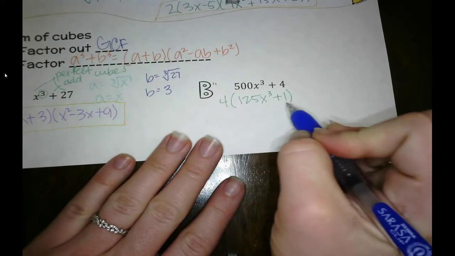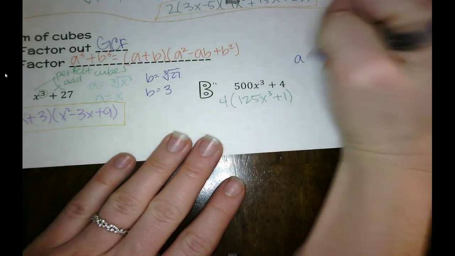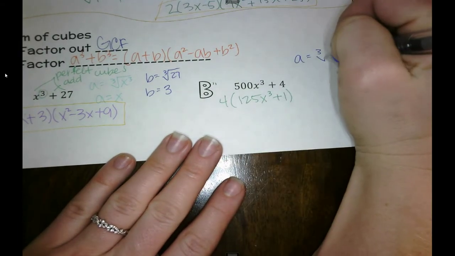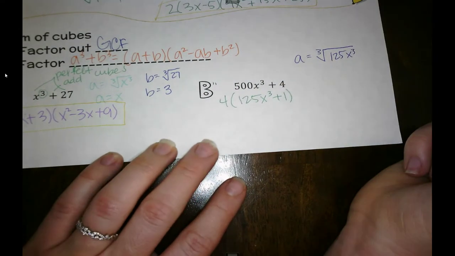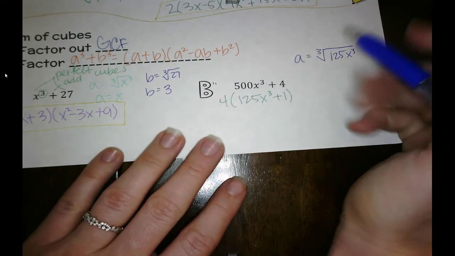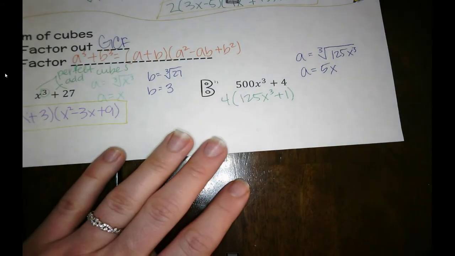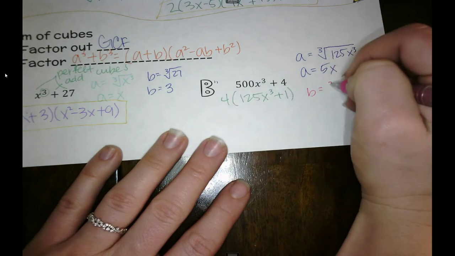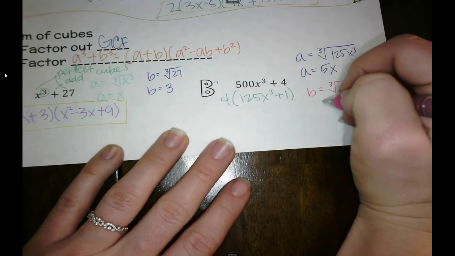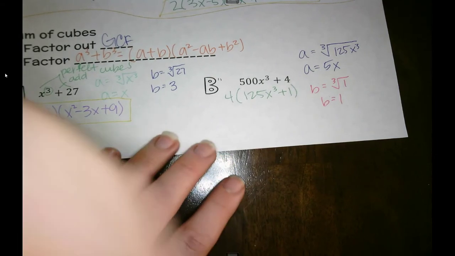We're going to have the sum of cubes here. So our A is going to be the cube root of 125x cubed. We already did 125, and that's 5x. And then B is going to be the cube root of 1, so that's just 1. All right, let's write it all out.